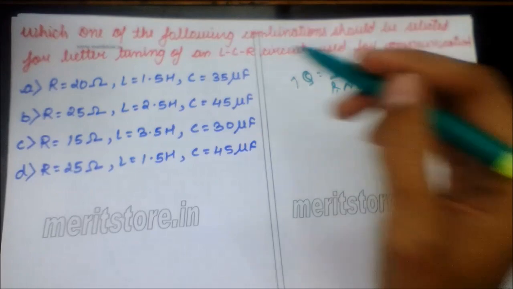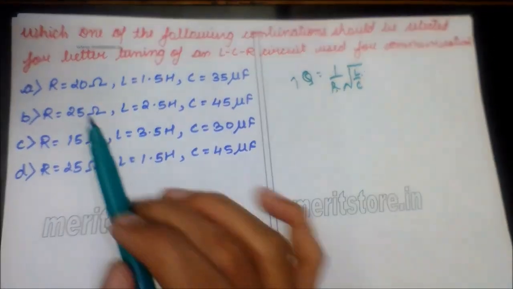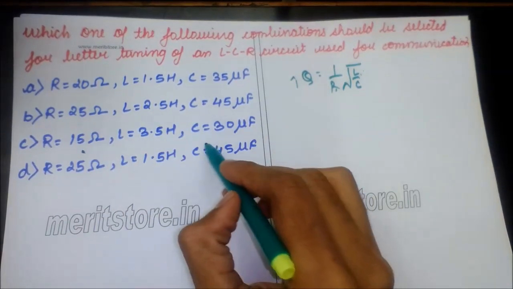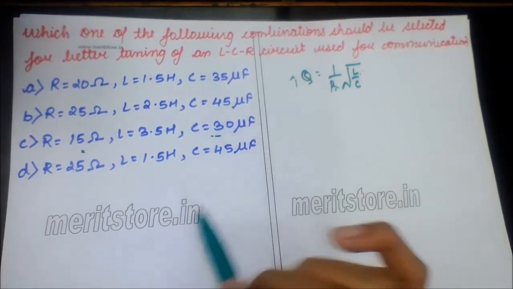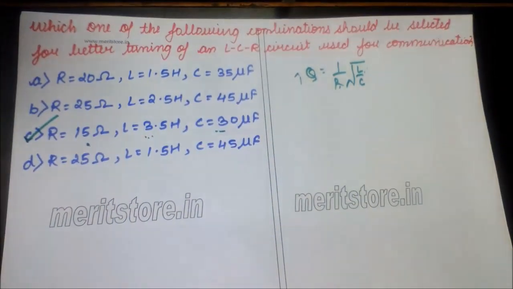So in order to get such a circuit, the third combination, where the resistance is low, the capacitance is also low and the inductance is high, C will be the perfect option.